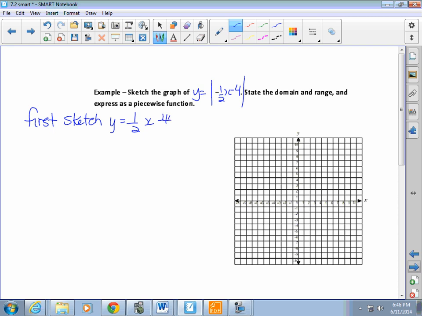So that means for this one, your y-intercept is equal to negative 4, and your slope is equal to negative 1/2. Okay, so we'll graph that first. So my y-intercept was at negative 4.